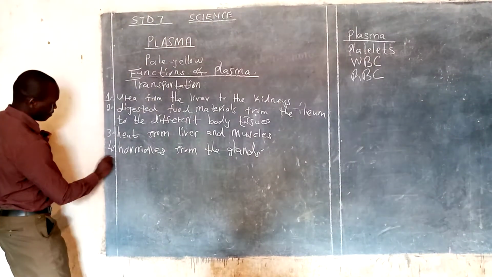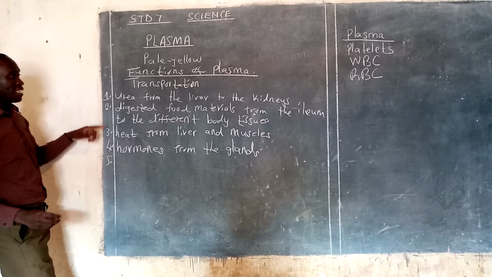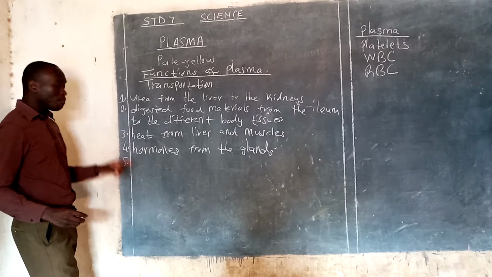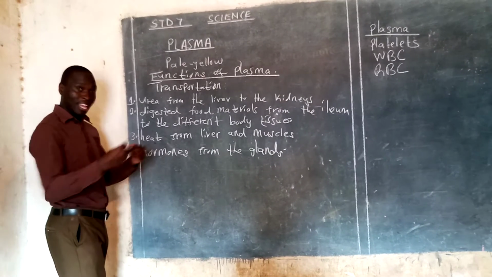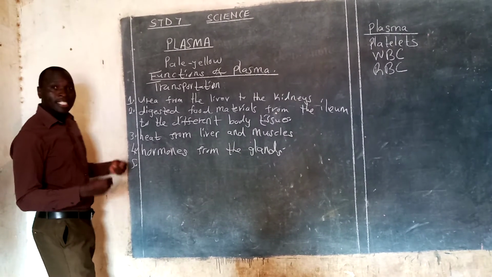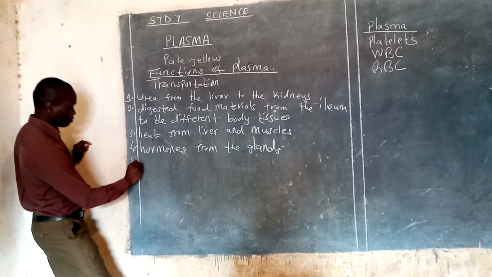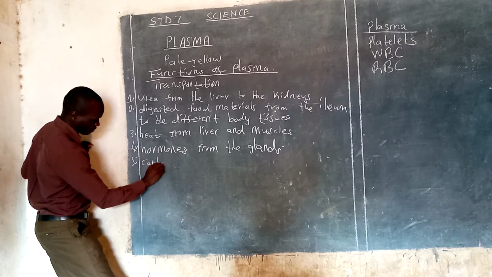So number 5, plasma transporting carbon dioxide from the body tissues to the lungs. Be very careful with this one. It is from the body tissues to the lungs.